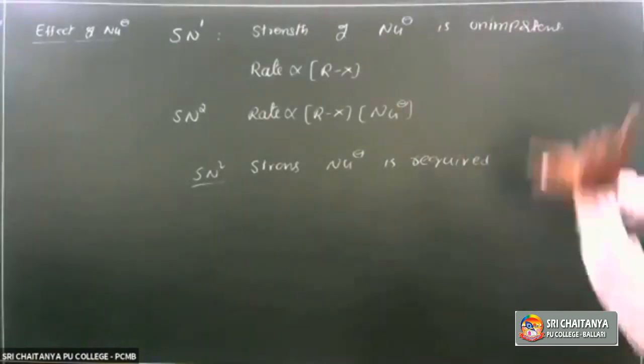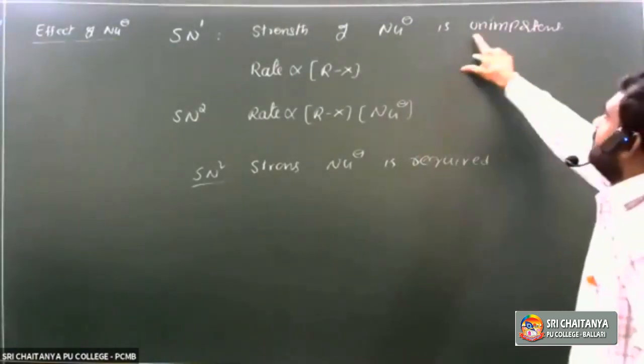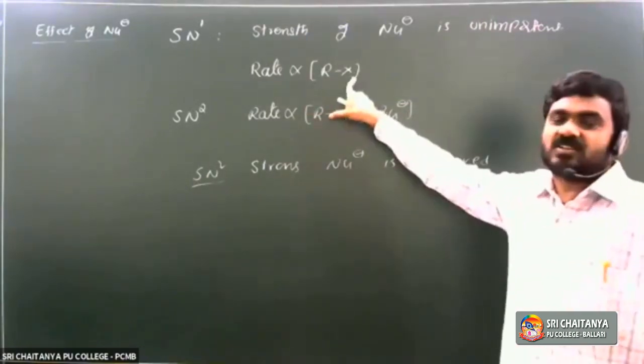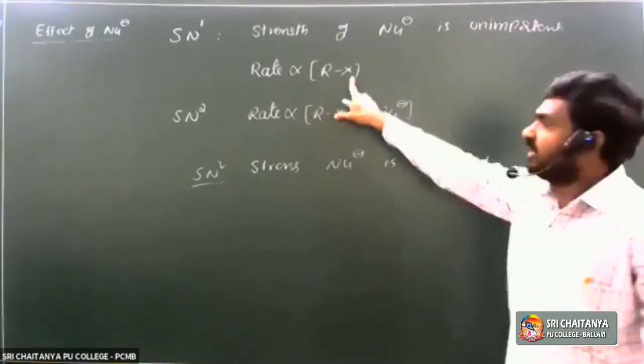So in case of SN1, strength of nucleophile is unimportant because the rate depends only on the concentration of alkyl halide, but not the nucleophile.